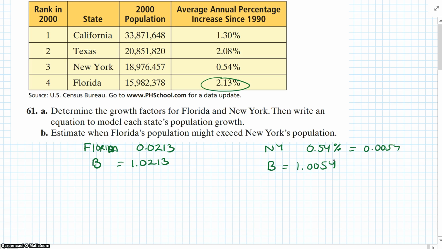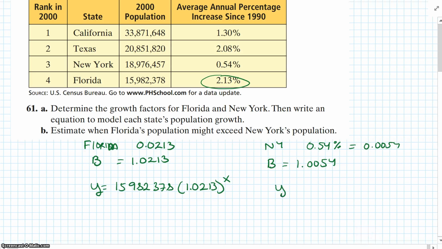Okay, so the equation for Florida would be y equals 15,982,378 times 1.0213 to the x power. All right, for New York, y would equal 18,976,457 times 1.0054 to the x power.